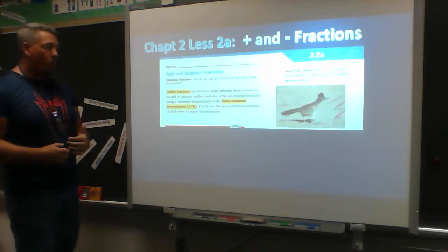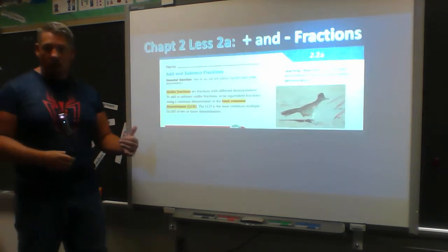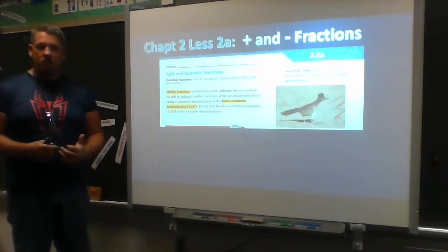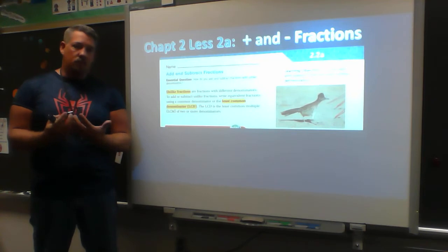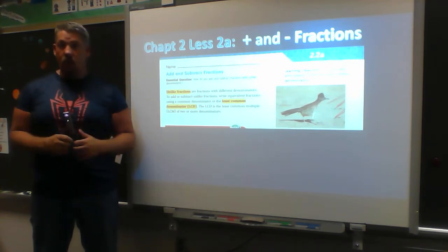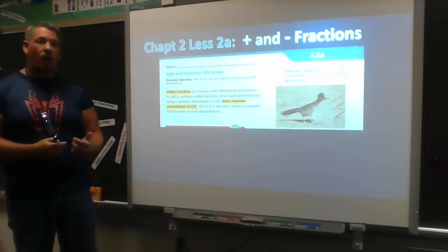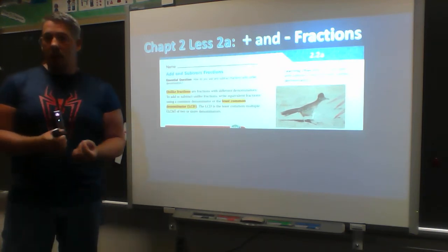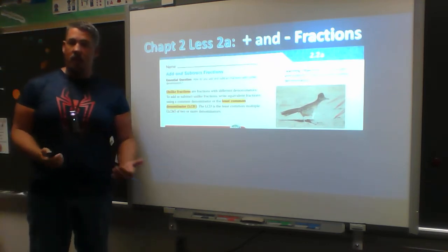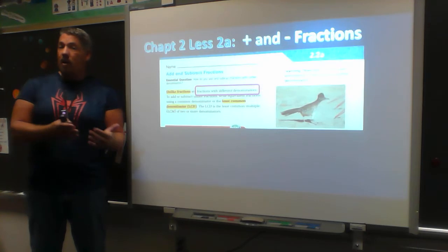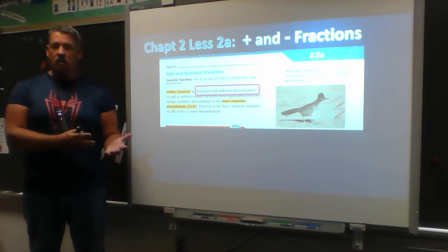So when we get started, we're talking about some terms here that maybe we're not used to. Unlike fractions. So if they're not identical, like 1/5 and 3/5, they're not identical fractions, but they are like fractions. So the difference between like and unlike fractions only has to do with the denominator. If I have 1/5 and 3/5, they have the same denominator, so they are like fractions.